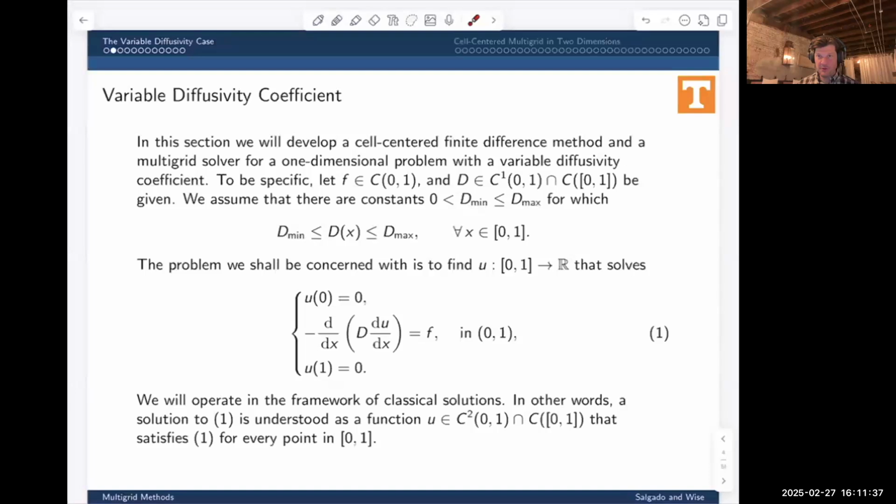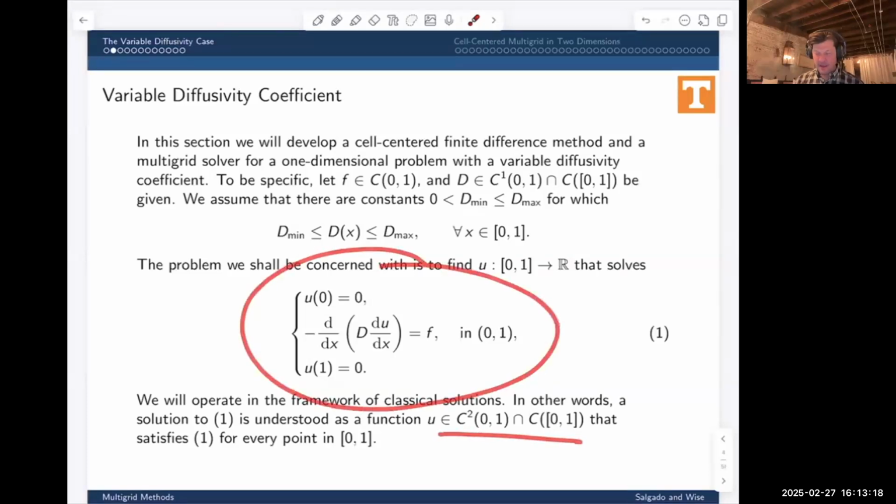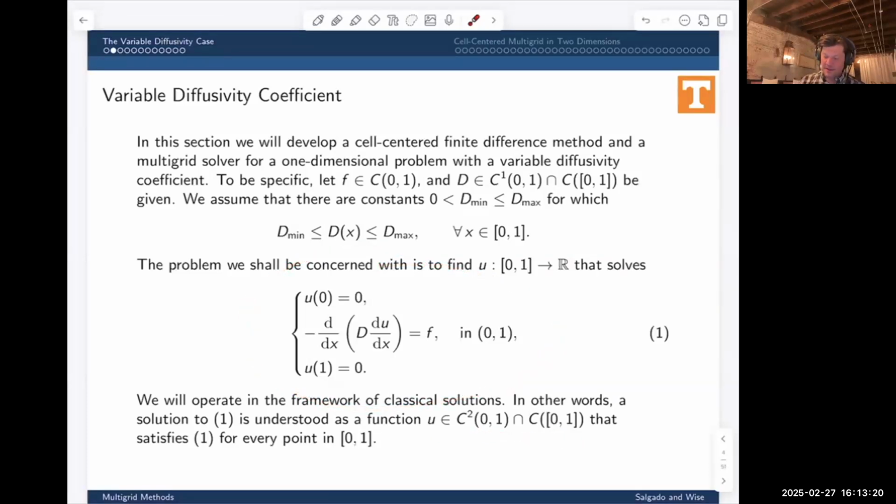It has to be globally C2 on the open interval 0, 1, and continuous on the closed interval 0 to 1. So that's the variable diffusivity coefficient case. The thing we want to do now is come up with a finite difference approximation of this problem.